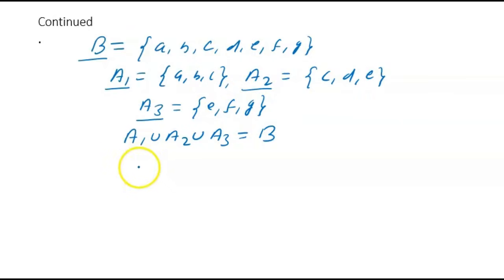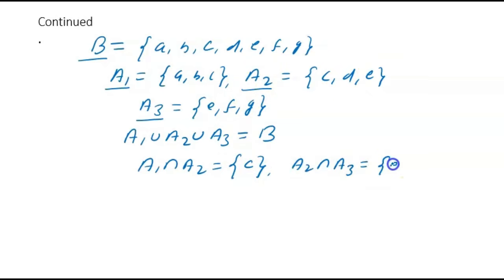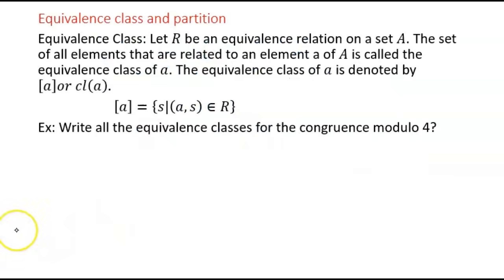But you notice here that A1 intersection A2 is actually not empty, because you have a common element C. You also note that A2 intersection A3 also has a common element E. So if we have a common element between any two subsets, in that case we say that this is not a partition.